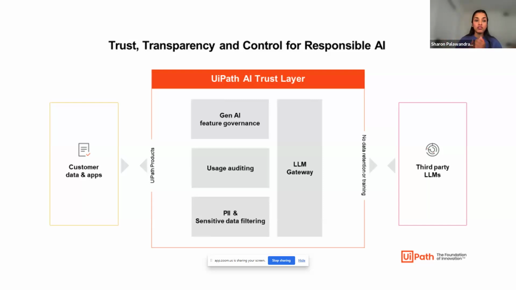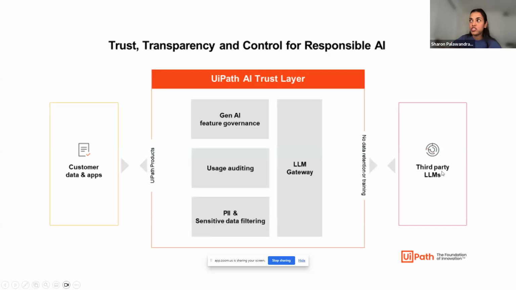It has the governance compliance matrix for private and public sectors, with PII filtering, auditing, and more governance capabilities. So even if you call a third party LLM, the UiPath AI Trust Layer has that security for UiPath products.